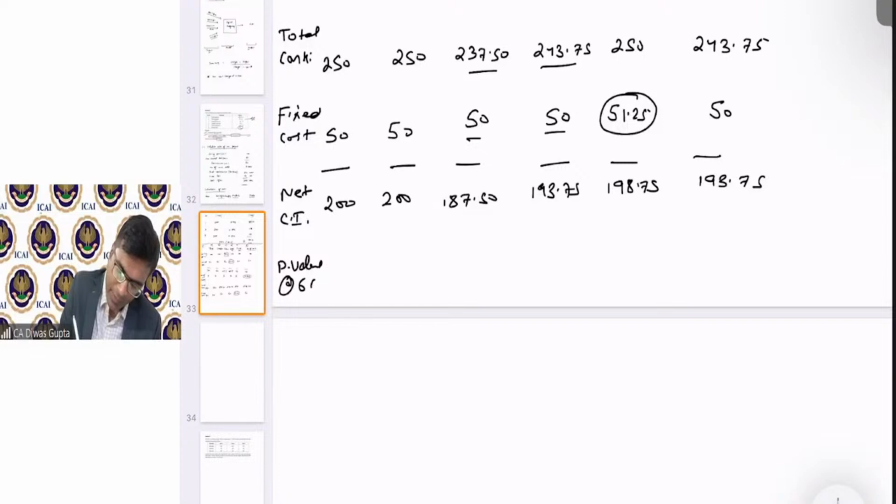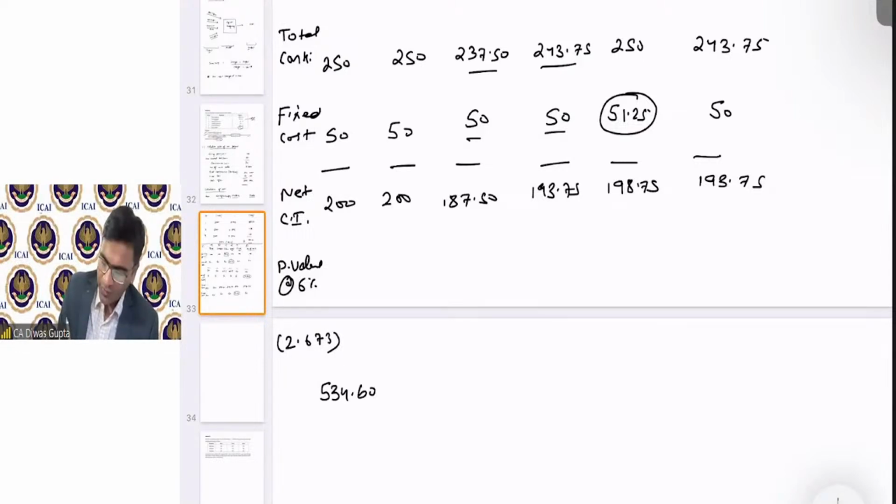At the rate 6% we will take. And at the rate 6%, the present value annuity factor is 2.673. So we will multiply all these numbers with 2.673 because for 3 years, 2.673. So this is 534.60.